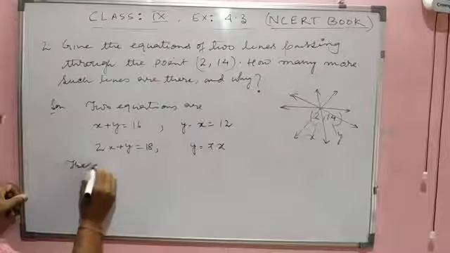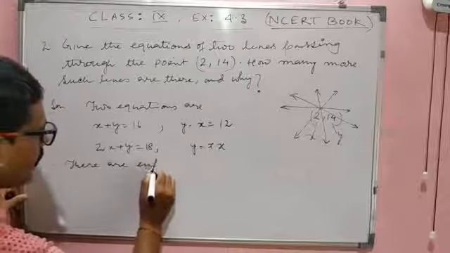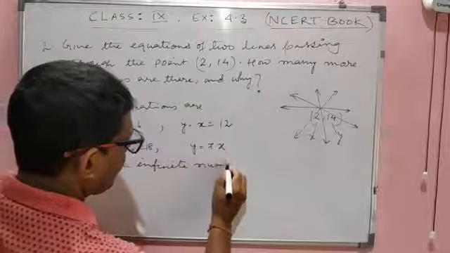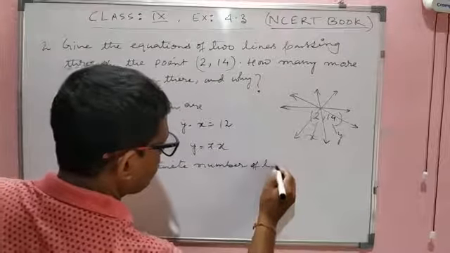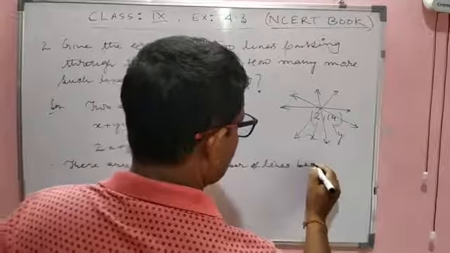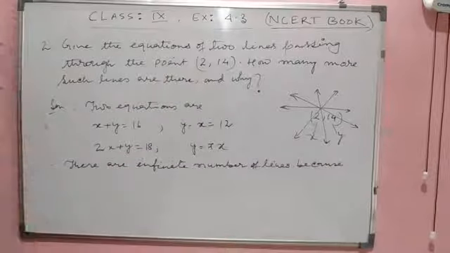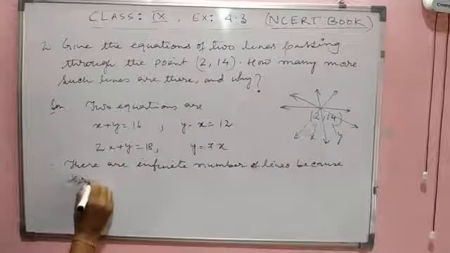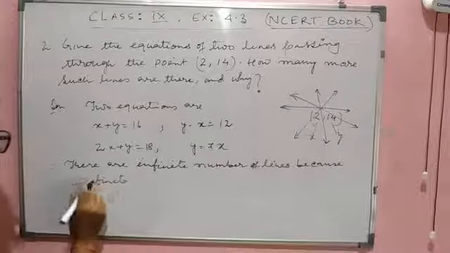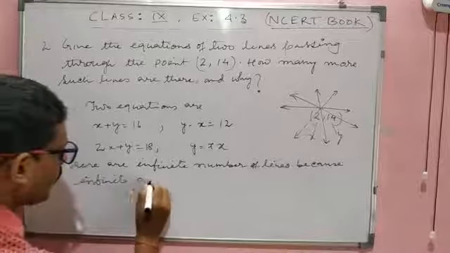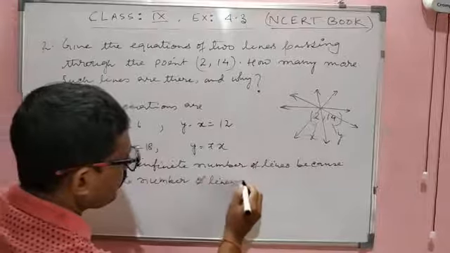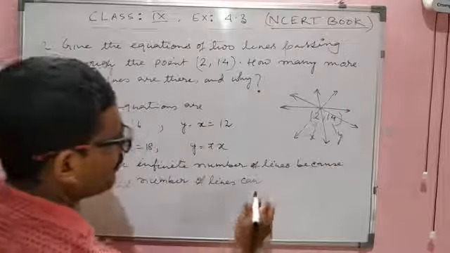So you can say that there are an infinite number of lines, because an infinite number of lines can pass through a point.